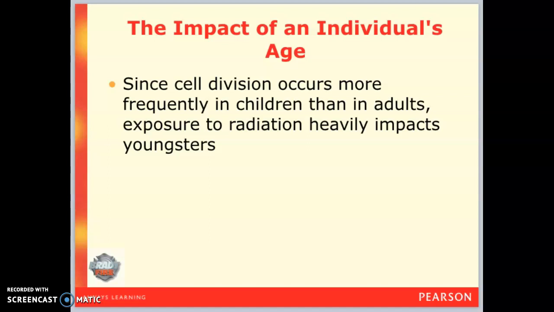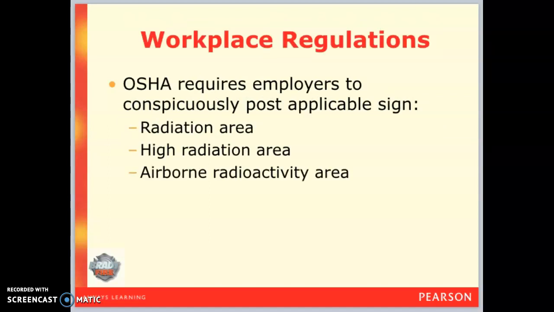Now, since you are not children, what about when we get into the workplace? Workplace regulations are a little bit different. OSHA requires that certain types of signage be put up. The signage that they require is definitely conspicuous, something you'd be able to tell very quickly whether or not radioactive materials were present.